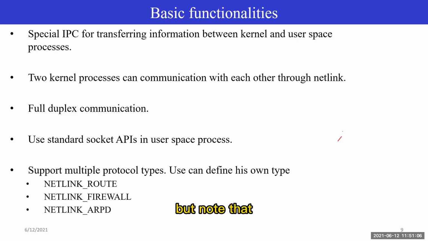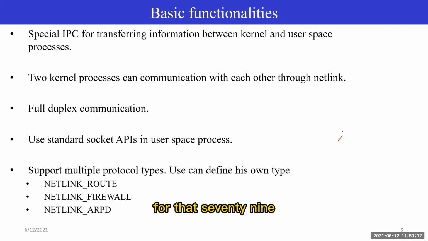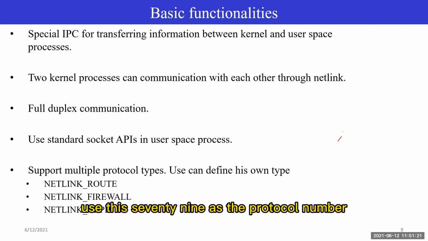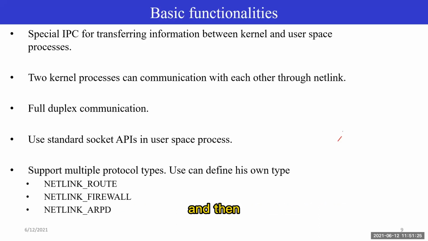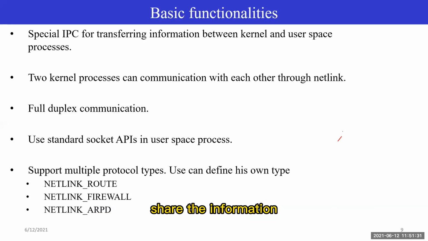Then you can implement your kernel module for that 79 protocol number, and similarly your Netlink socket application will use this 79 as the protocol type number, and then that user space program can communicate with the kernel module and share the information.